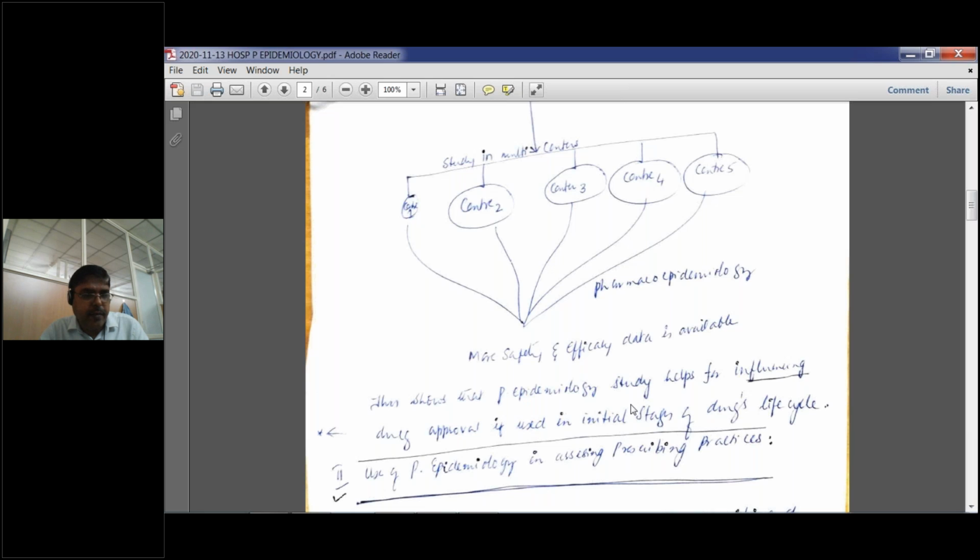When the drug is in the final phase of the clinical trials, it takes about 6 months to 1 year to collect the data, more safety data, and efficacy data also.